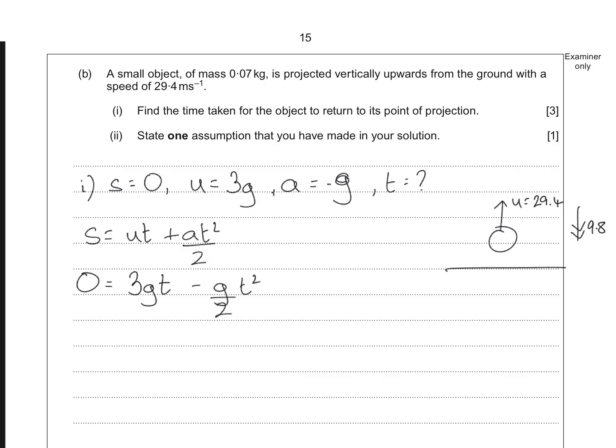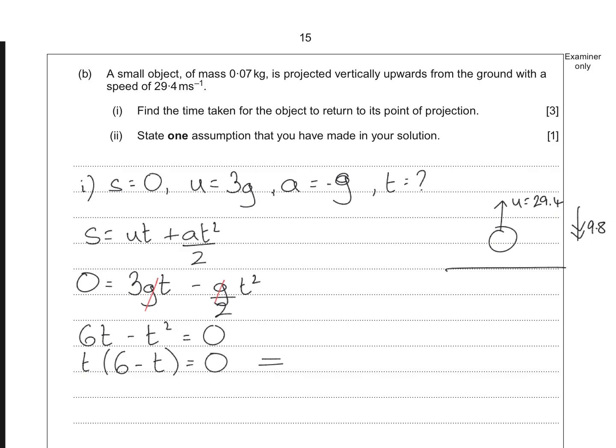And the reason I bring up the fact that both of these can be written as multiples of g is that now the g's cancel. If I want to go even further and double everything to get rid of that fraction, I can say that 6t minus t squared equals 0, t(6 minus t) equals 0, so no need for a calculator even.